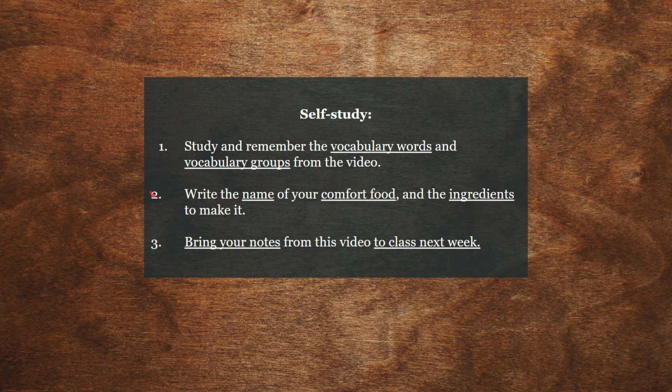Number 2, write the name of your comfort food and the ingredients to make it. Number 3, bring your notes from this video to class next week. Can you remember to do these things?